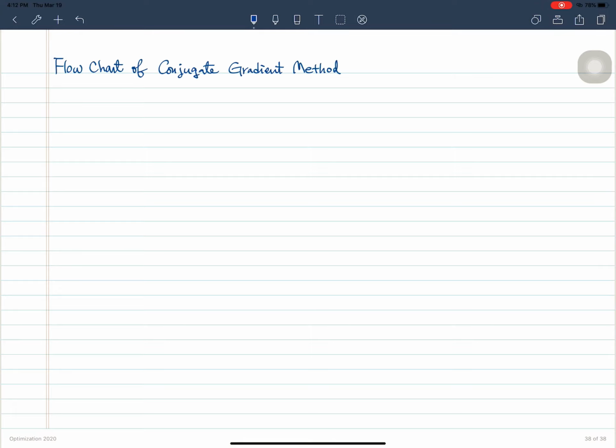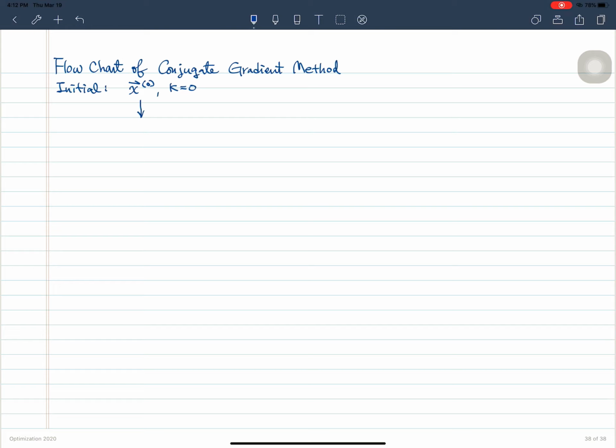So initially, we have x0 and k equals 0, and we start just like a steepest descent.